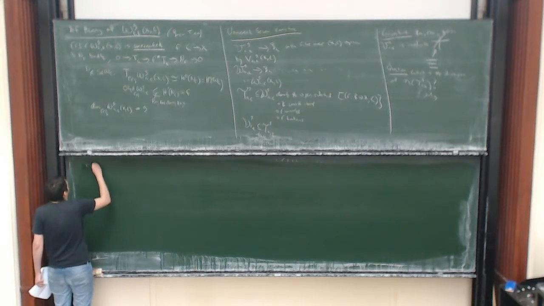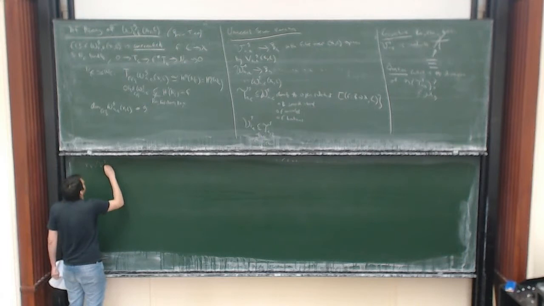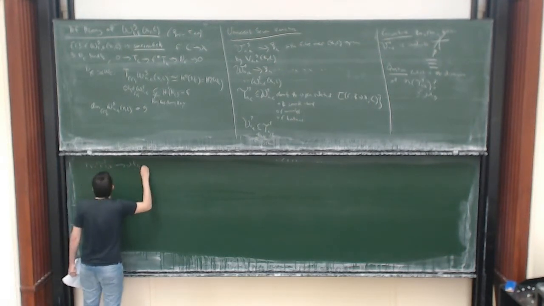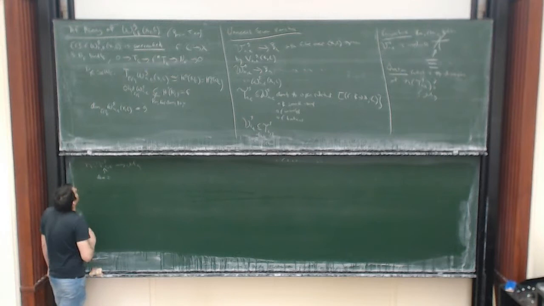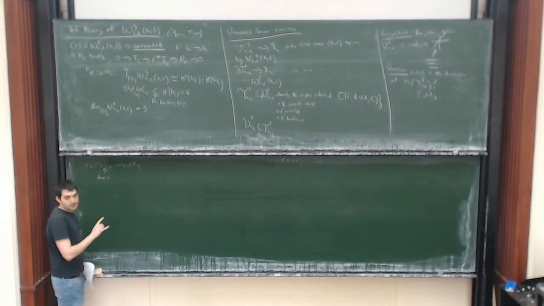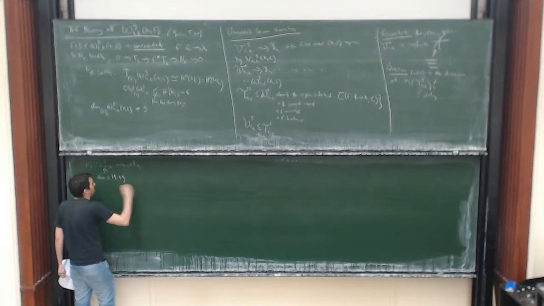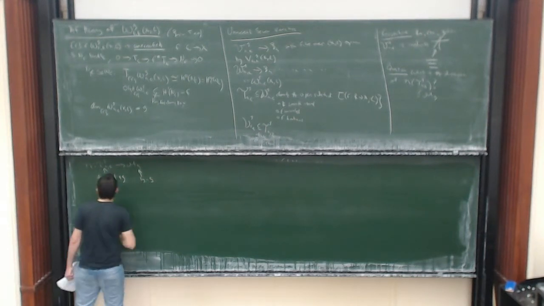Okay, so we're looking at this morphism, and the dimension of this, the stack of primitively polarized K3s has dimension 19. So this has dimension 19 plus G. This has dimension 3G minus 3.